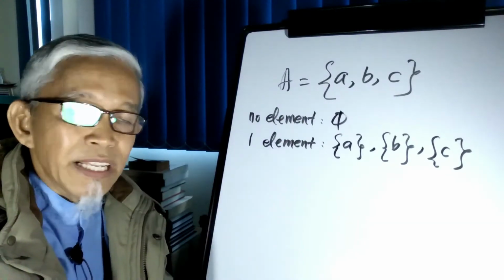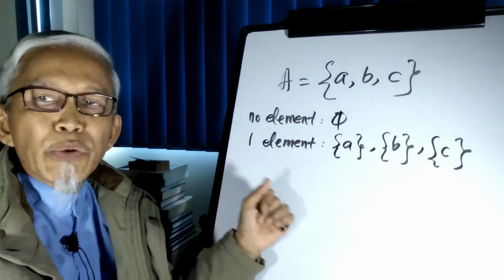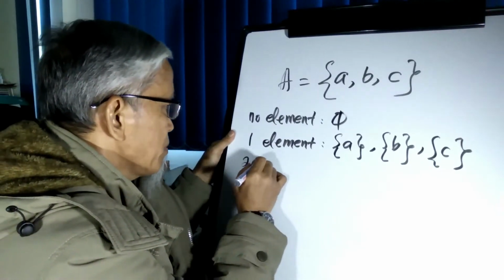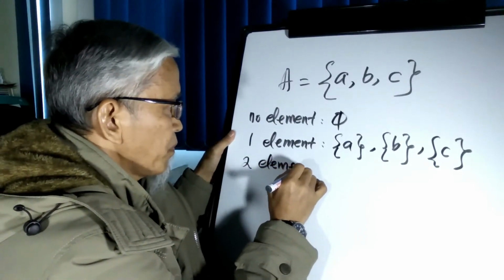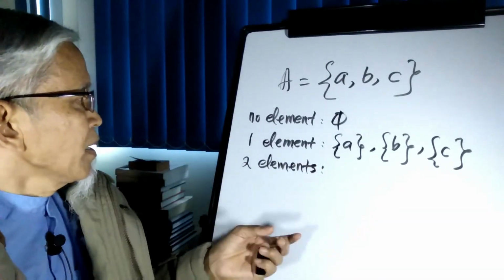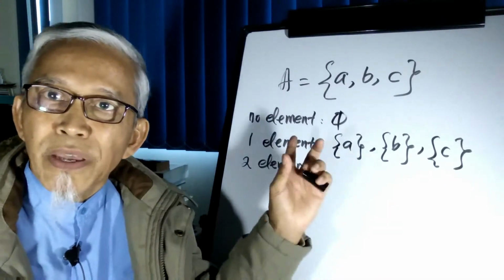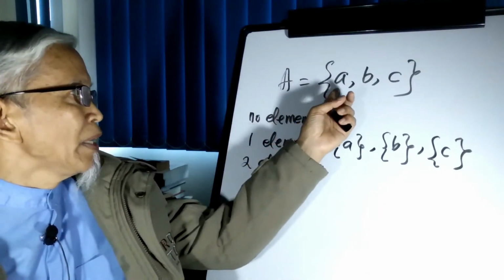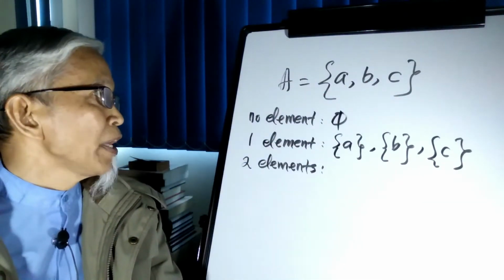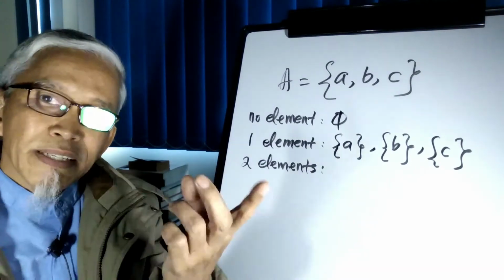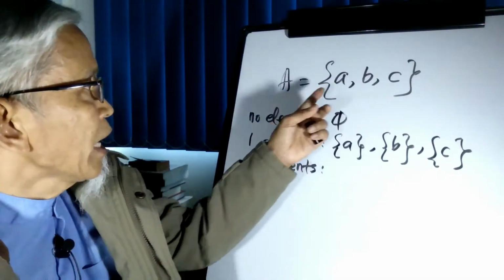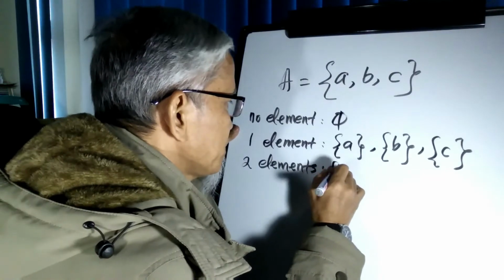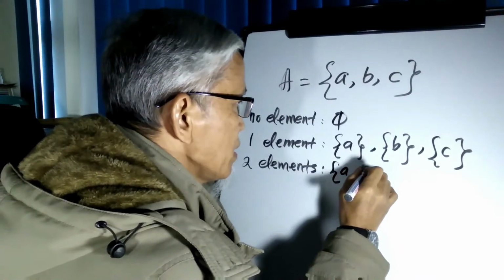Next category is subsets of A with 2 elements. Can we list all the subsets of A with 2 elements? Of course we can. By looking at the elements of A, if we pick 2 elements at one time, the first one may be ab.